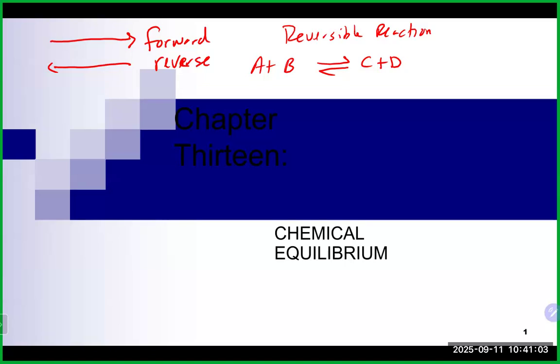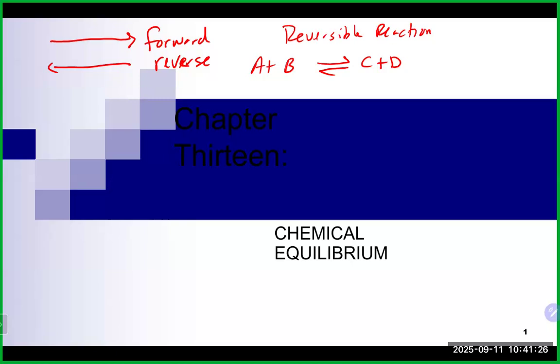Now, people oftentimes have a misconception about the word when something reaches chemical equilibrium. What they oftentimes think is, oh, that must mean we have equal things on both sides. Because it says equilibrium, people think equal.